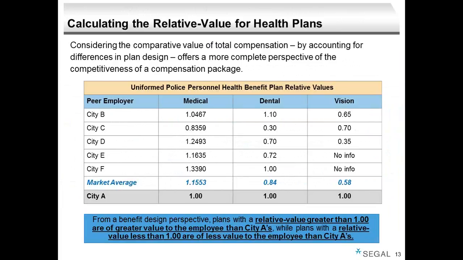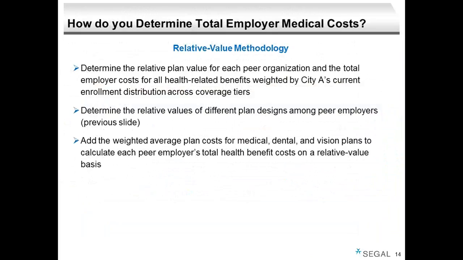So you can see here that there's been some obvious trade-off in terms of the plan designs, in terms of the relative richness of the plan designs between City A and the peer employers. Now, we want to take those relative values into consideration and apply them to the total cost of City A's plans and again, holding constant enrollment and the distribution of enrollment and so forth.